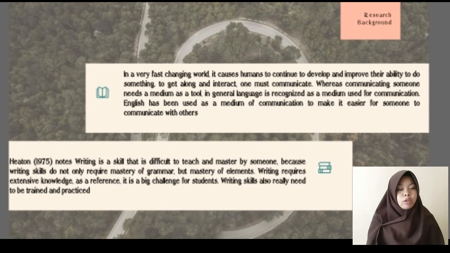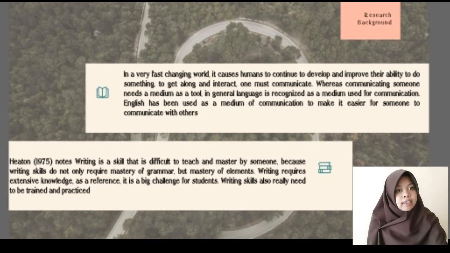English has been used as a medium of communication to make it easier for someone to communicate with others. So in other words, English can be used as a medium of language. In learning English, there are 4 basic skills that a person must learn and master.